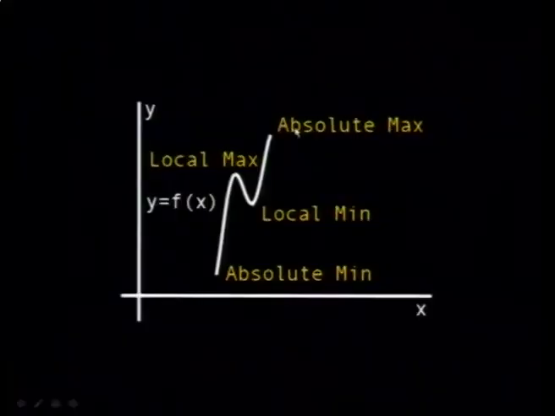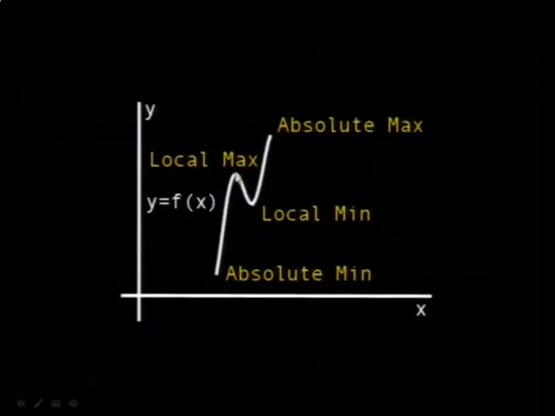Here you have an absolute maximum, and here you have a local maximum attained at a point c, an interior point here. This is the local maximum. And it's not the absolute maximum because the function goes down, but it climbs again, so the absolute maximum occurs here. Same thing, this is a local minimum, and the absolute minimum is here.